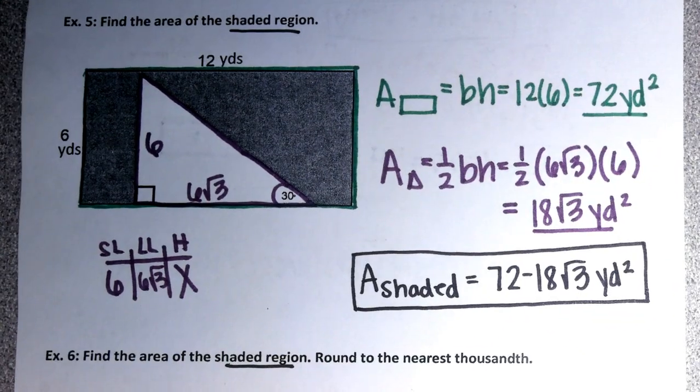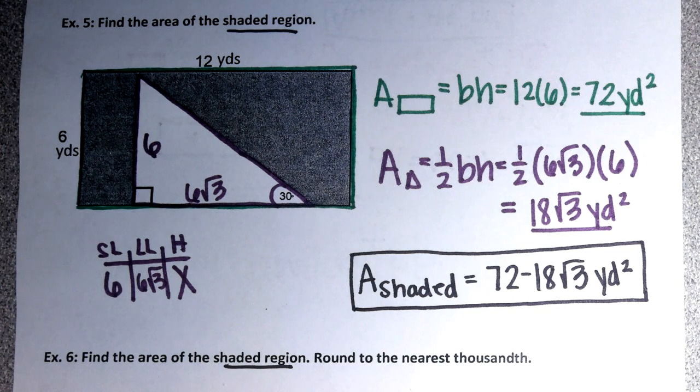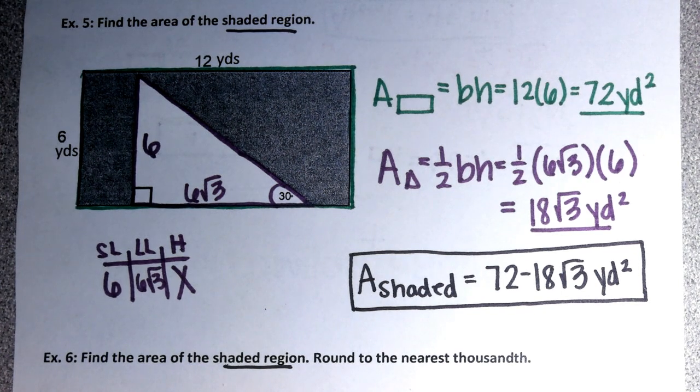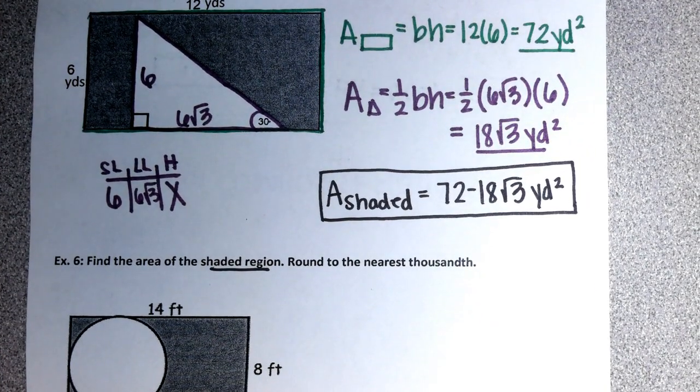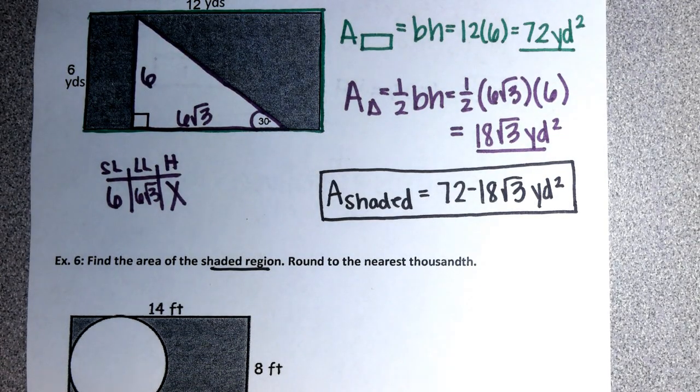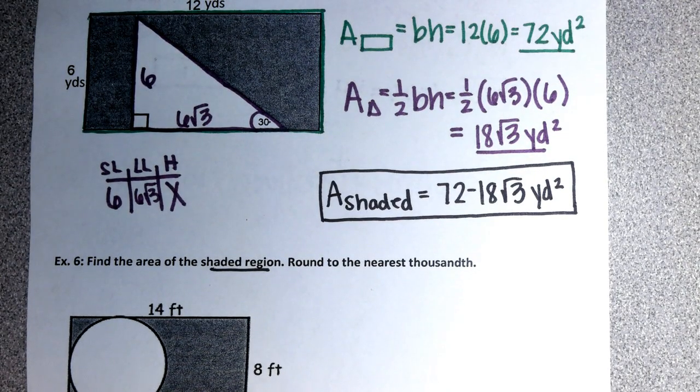Why? They both don't have the square root, so they're not like terms. You just leave it like that. Write that down, Xavier. You got it already? Okay. You want to do the last one on your own? Go.